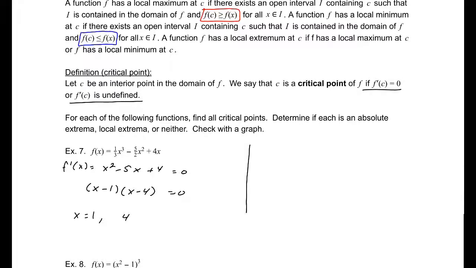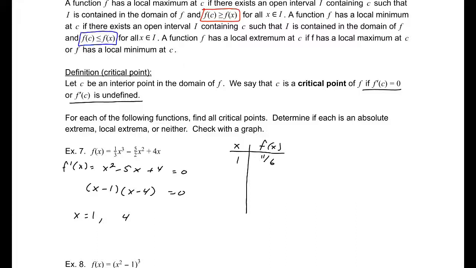So let's make a chart, x, f of x. The value of f at 1: I'm going to plug that back into the original function. All right, so 1/3 times 1 cubed minus 5/2 times 1 squared plus 4 times 1 is 11/6.